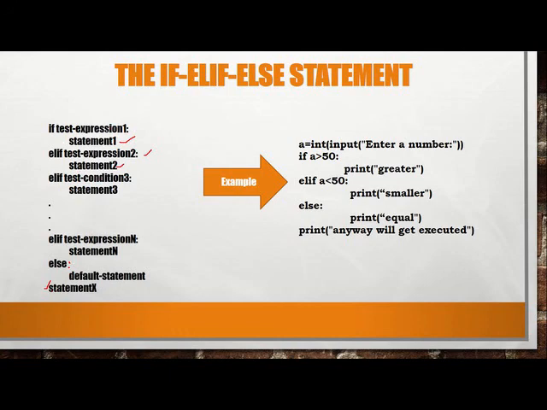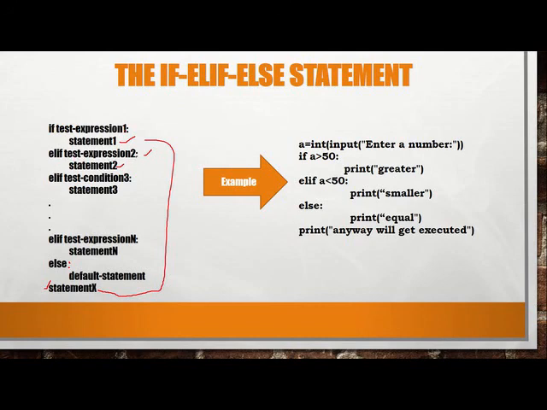Now remember, this is a bit peculiar. If the first test expression results to true, it will obviously execute statement 1, no doubt regarding it, because test expression 1 results to true. And in that case, it will not check the remaining part. It will directly jump to statement X. The same thing happens if the first condition is not satisfied and it jumps to the second test expression.